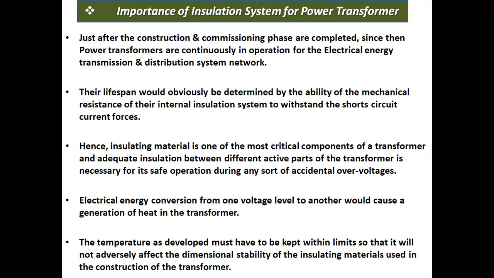Electrical energy conversion from one voltage level to another would cause a generation of heat in the transformer. The temperature as developed must be kept within limits so that it will not adversely affect the dimensional stability of the insulating materials used in the construction of the transformer.